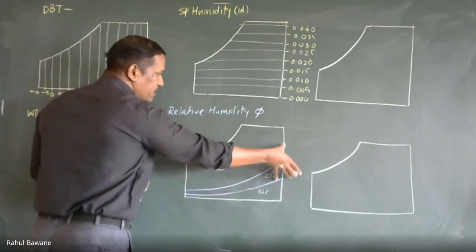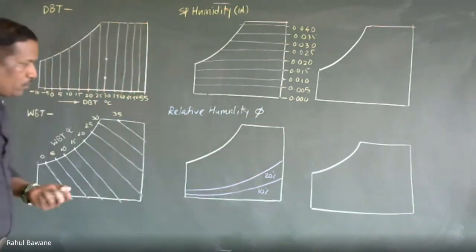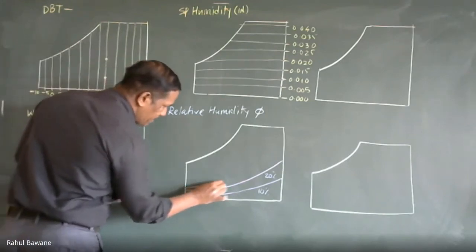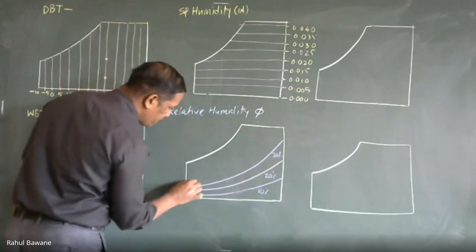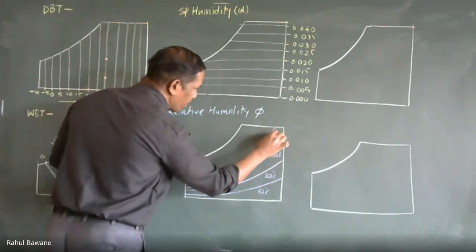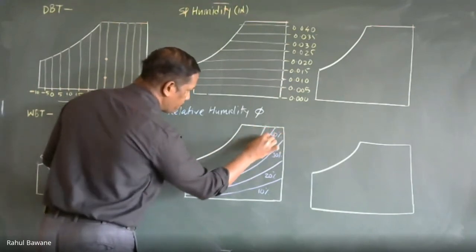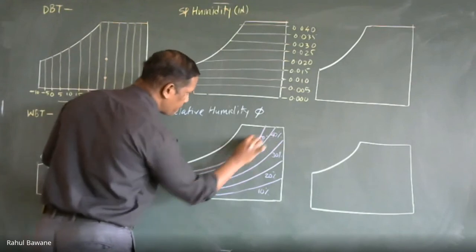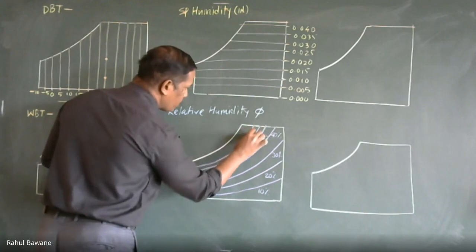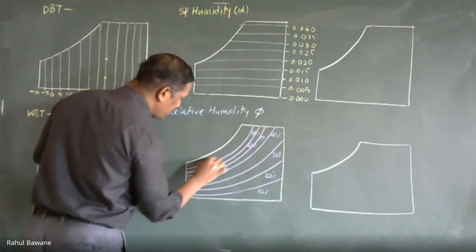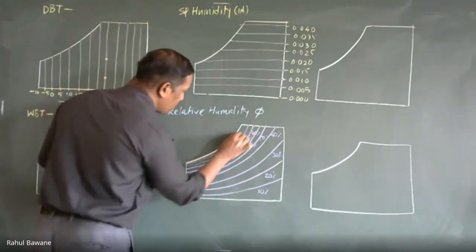So some lines reach this vertical side and some lines reach this horizontal side. 20% relative humidity, then 30%, 40%, 50, 60, 70, 80. Relative humidity is denoted by RH also.